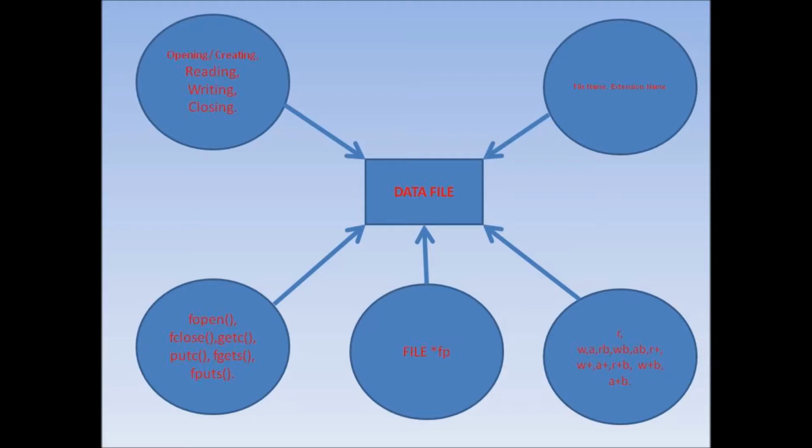In this regard, one thing I would like to tell you: the extension name of a file is very important. Why? Because it determines the format of information stored in a file. In case of text files, generally the extension name is .txt, and in case of binary files, the extension name is .bin.